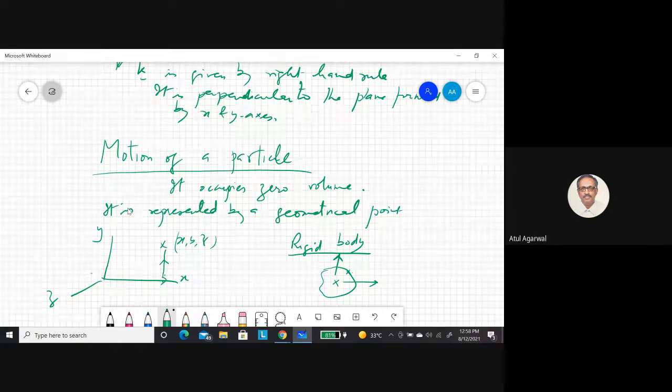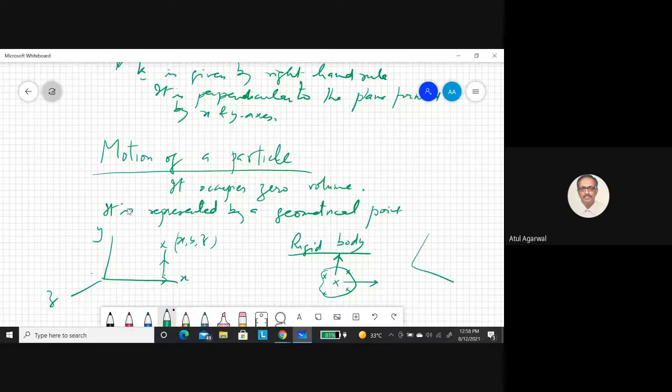Position of every other particle is the same. Suppose this is my coordinate system and this is my rigid body. Now the position of every other particle is defined with respect to this coordinate system. Now this body has rotated like this, suppose. Now the whole thing, whatever was this coordinate system, has rotated.